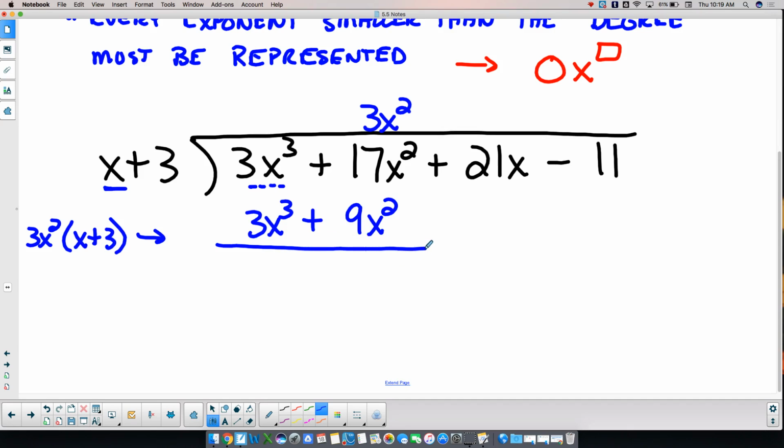Then what did we do? We subtracted, right? Here now, this is the most important step. And this is probably where you're going to make a mistake. Okay? Because you're going to forget to change both signs.